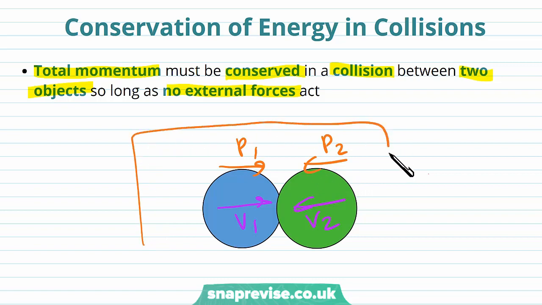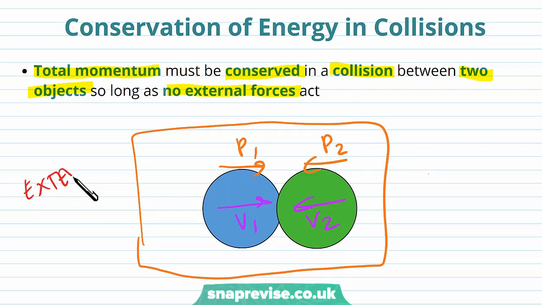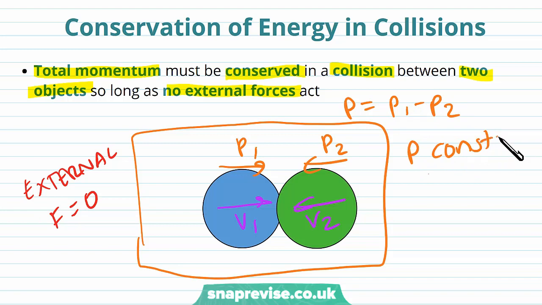If we consider this as a system where there are no external forces acting on it, so the external force is 0, then the momentum remains constant. So the total momentum P is given by P1 plus P2, and P remains constant if there are no external forces.